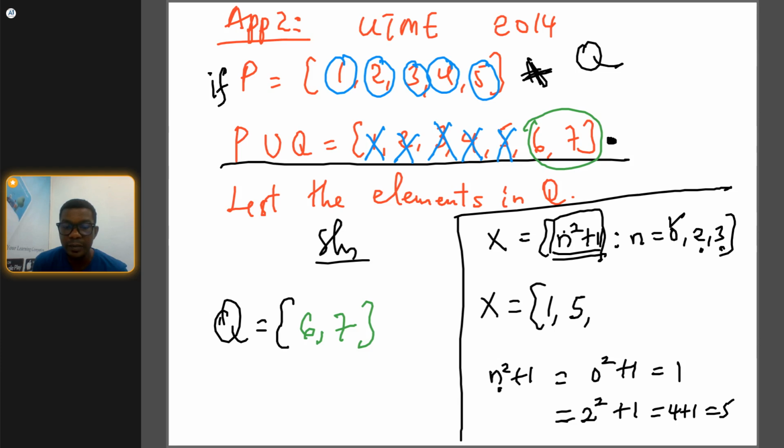What will be the last element when n equals 3?